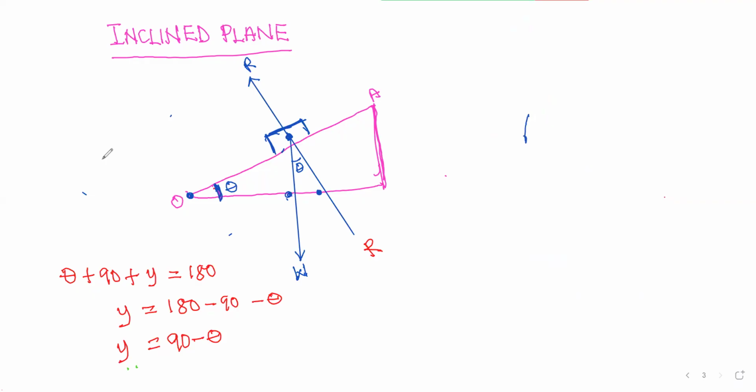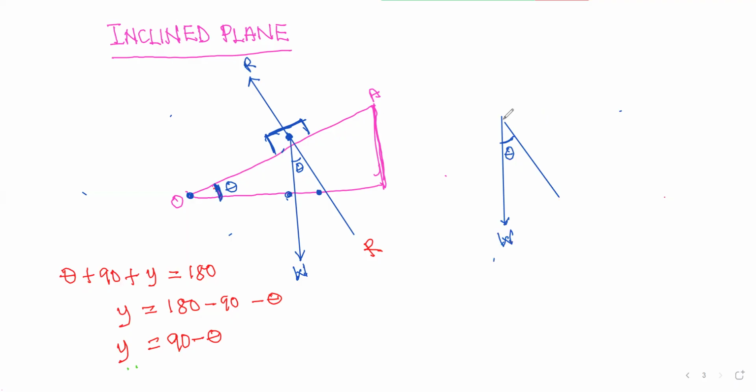We have the weight acting in this manner. Then the reaction is also here. The weight makes an angle theta to this line.